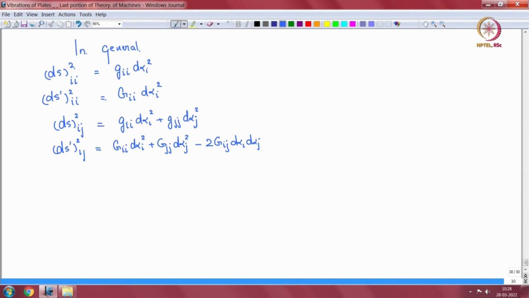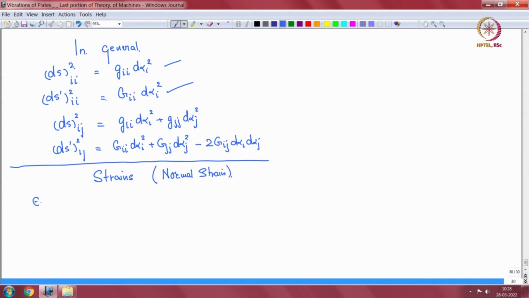Okay. So what is now the next step? We know undeformed lengths, we know deformed lengths. Okay. So now it's time to derive expression for strain. Okay. So first we'll do normal strain. Okay.